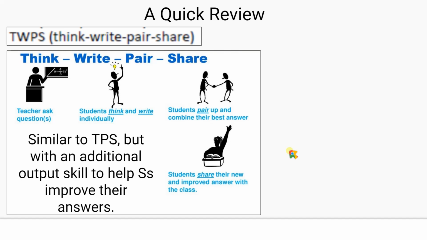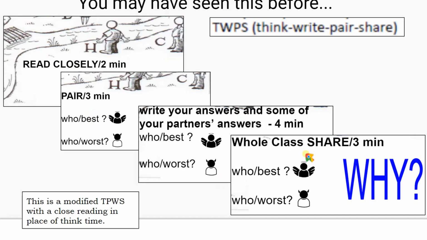So they could think about it, and while they're thinking, they write about it, and then they pair up, and they can get a better answer, and then they can share their best answer with the whole class. Okay? So this is great for generating ideas, similar to TPS, and it's going to take a little bit of time, but it is certainly appropriate if you want them to provide more than a superficial answer to your more complex questions.